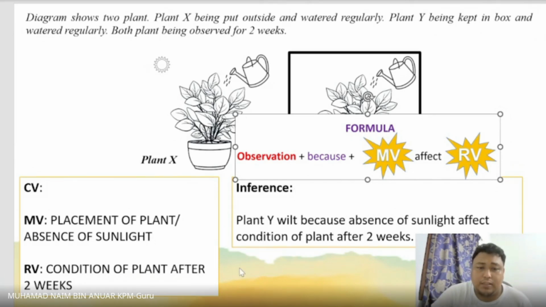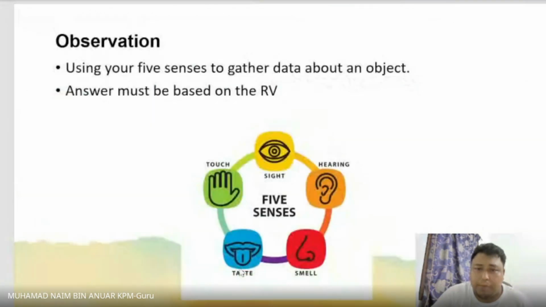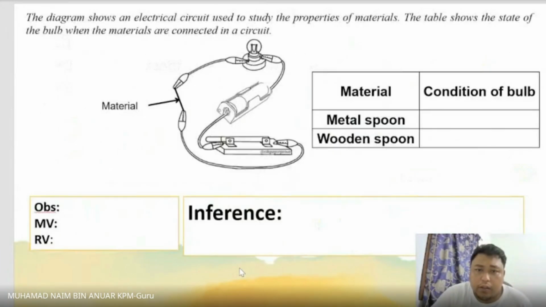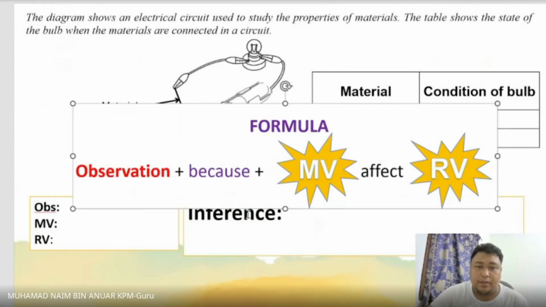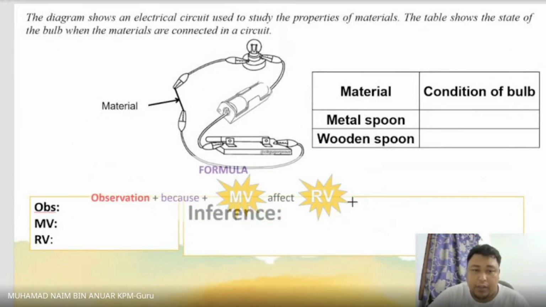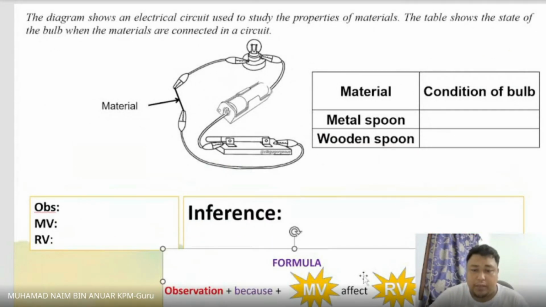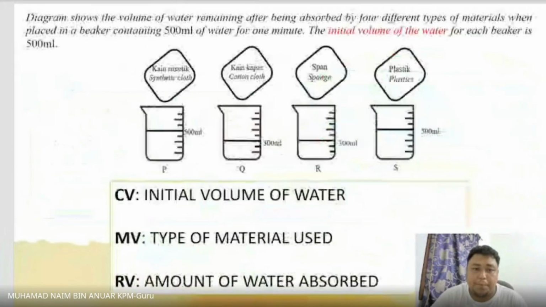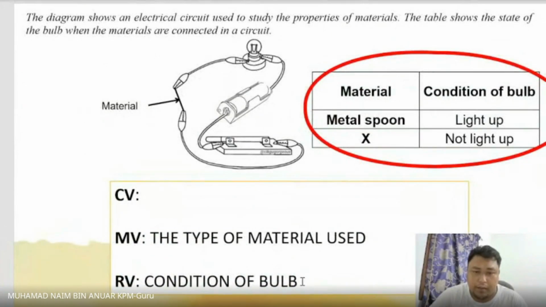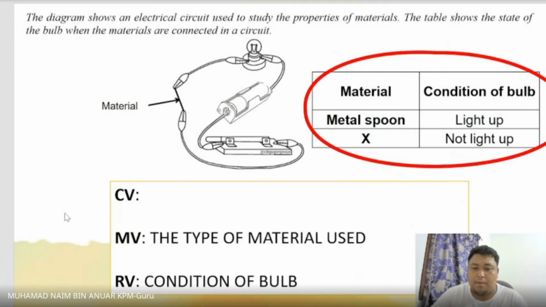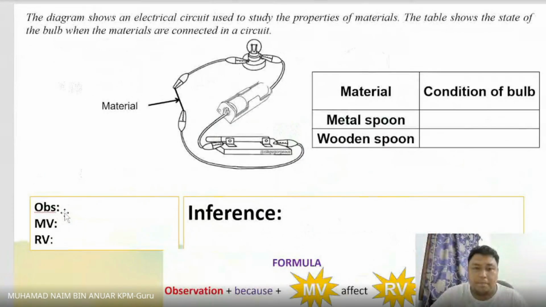Now let's see the question that I prepared for you. This one, we done already. The MV and the RV. Let me copy and paste the MV and RV.